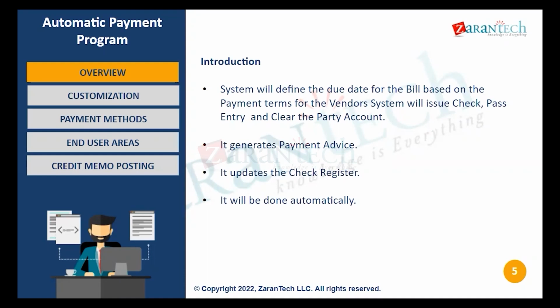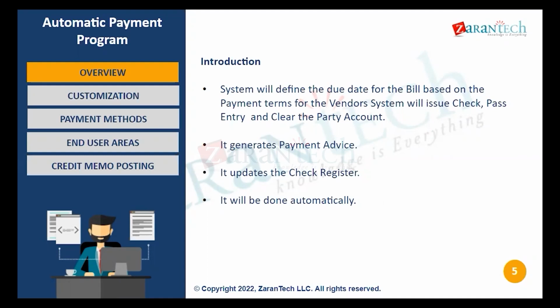Let's say, for example, 50 payments are due for different vendors. Automatically, checks will get issued. The system will read first how many vendor payments there are. Let's say two vendor payments, multiple line items, 10 vendor invoices each.